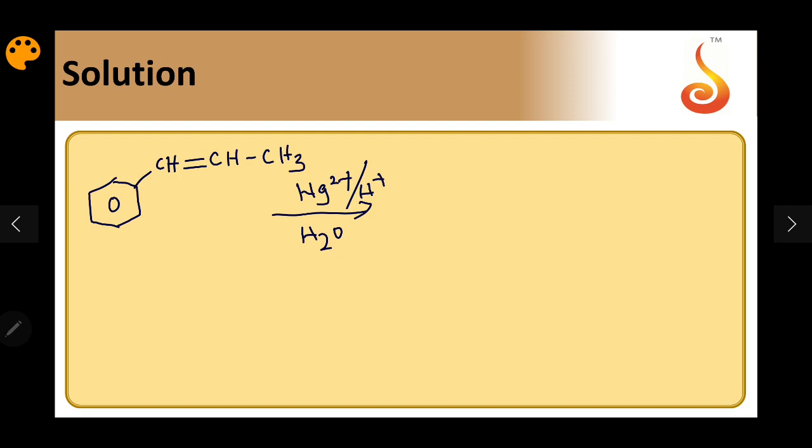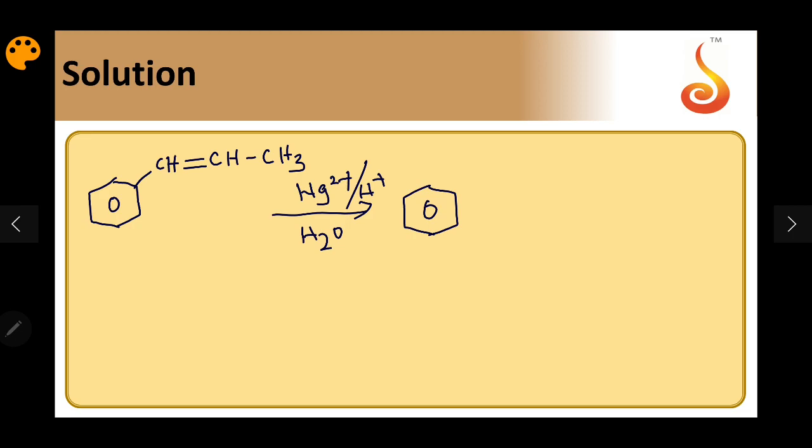You get an alcohol, right? So mercuration, demercuration, Hg(OAc)2, H2O, then acidic hydrolysis we can do. So you get an alcohol. So the reaction follows Markovnikov addition of water.